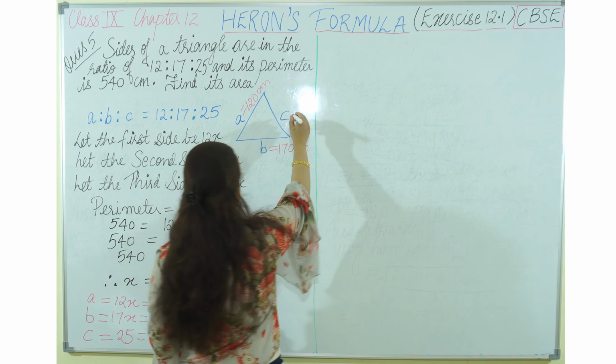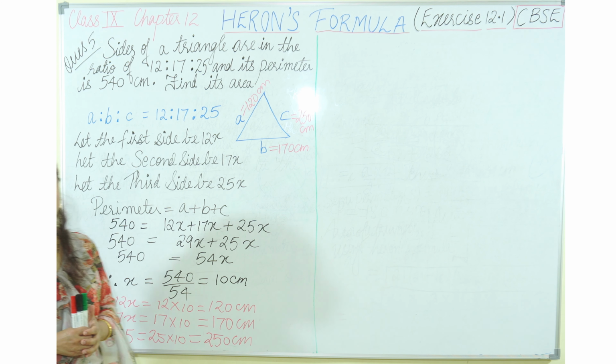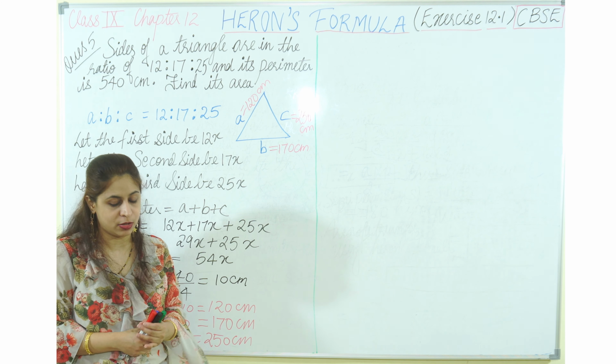Okay. So we have now calculated all three sides of the triangle. Now we can easily find the area using Heron's formula. We have A, B, C and the perimeter, and with the help of the perimeter we can easily find the semi-perimeter.